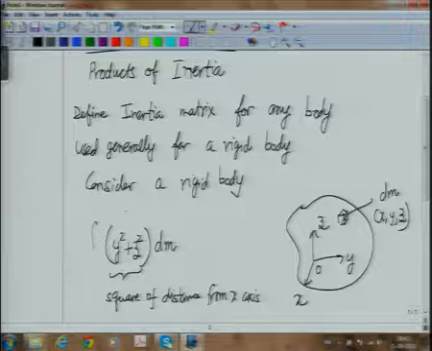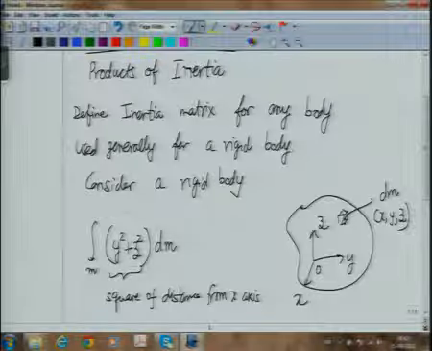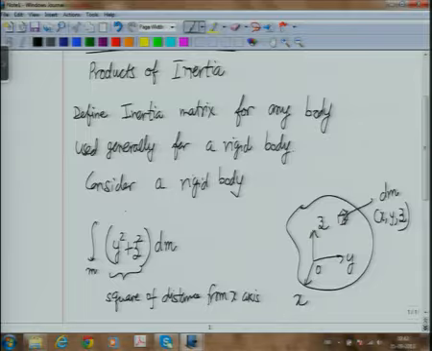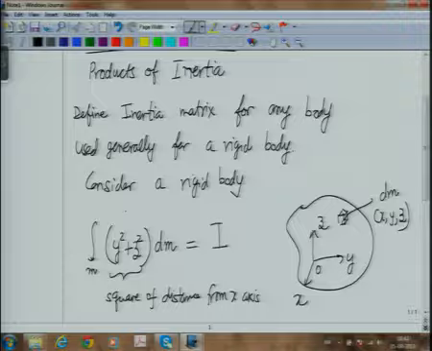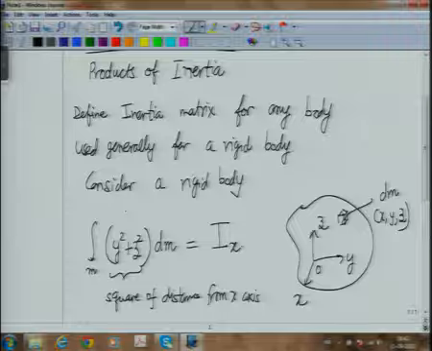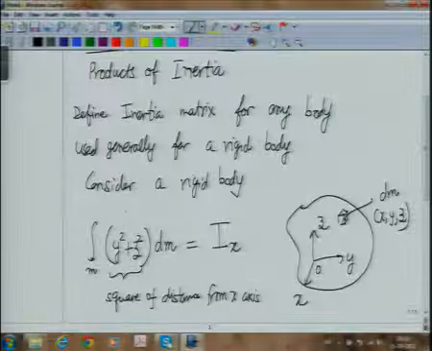So when I say integral, let me put it over m, which means integrating over all masses. Now the mass could represent density times dV, so then it will become a volume integral, and so on. So I add up all these quantities, and this quantity is what I call the moment of inertia of this body with respect to the axis at O about the x-axis.